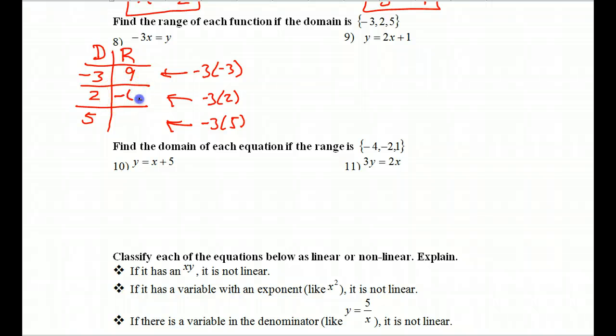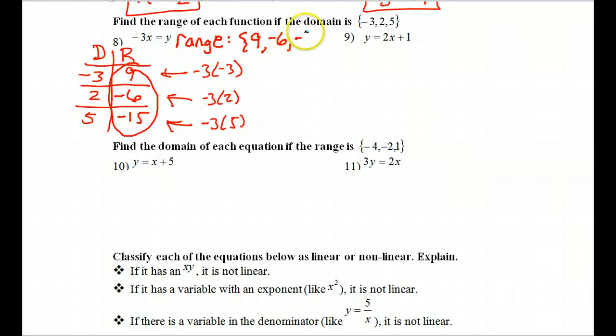That's going to be -6. And this is going to be -15. So there you go, this is the range right here. So the range is just 9, -6, and -15.